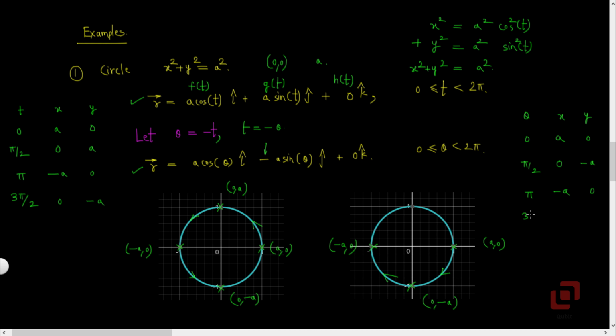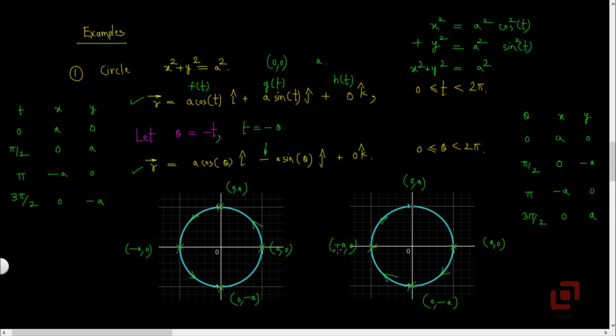Then let's consider theta as 3 pi by 2. Clearly x will be 0 because of a cos theta. And now for y we will use minus a sin theta. Sin 3 pi by 2 is minus 1, and minus 1 into minus a will be a. So from minus a comma 0 we have reached the point 0 comma a.